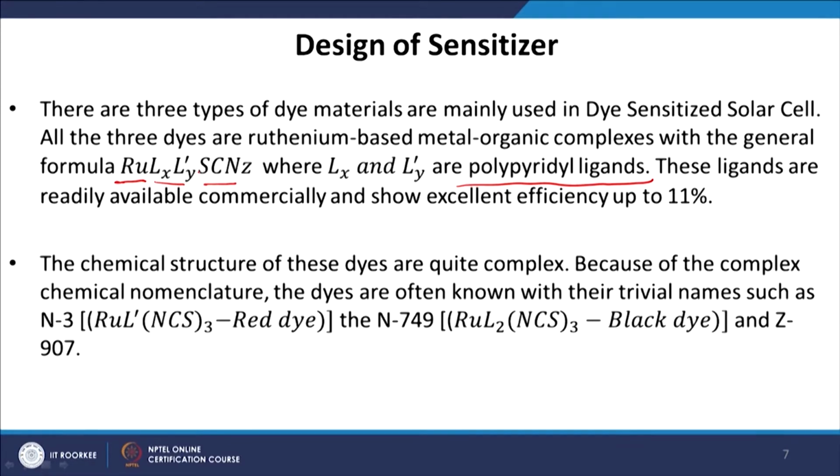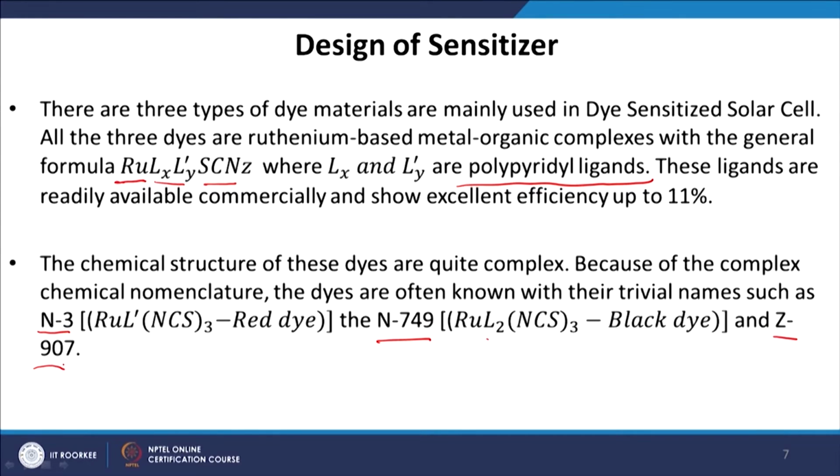Because of the complex chemical structure, the dyes are often known by trivial names such as N3, whose full name is RuL'(NCS)3 red dye, the N749 RuL2(NCS)3 black dye, and Z907.